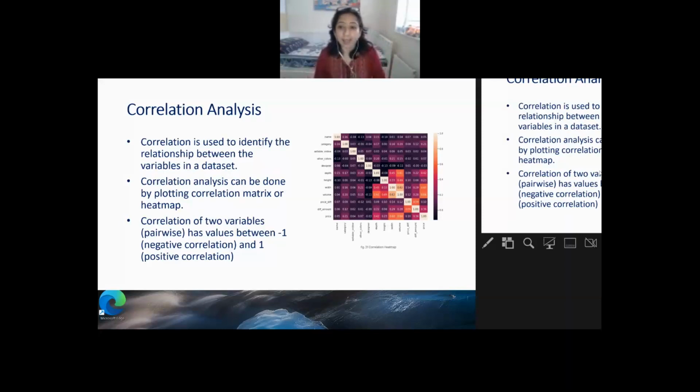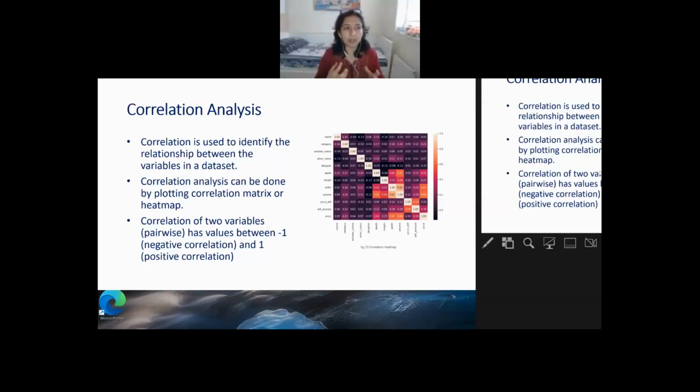Then this is the correlation heat map. I believe if you are from a math and science background, you know the Pearson correlation. Till now we have tried to understand the data, and we have now tried to understand the relationships also.